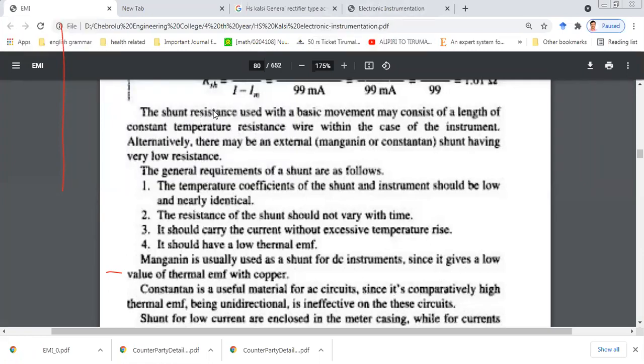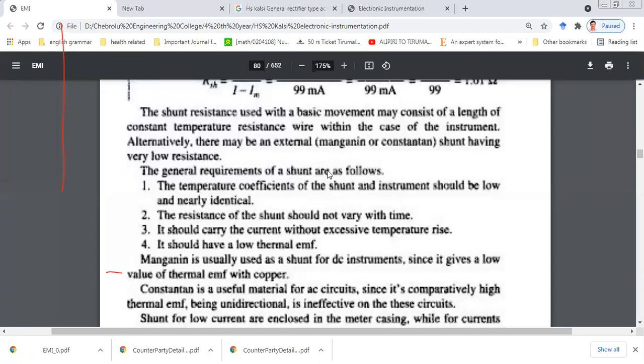Here the shunt resistance in the basic movement may consist of a length of constant temperature resistance wire. The resistance wire used for the shunt also has a low temperature effect, so that should be selected. Alternately, there may be an external shunt having very low resistance.